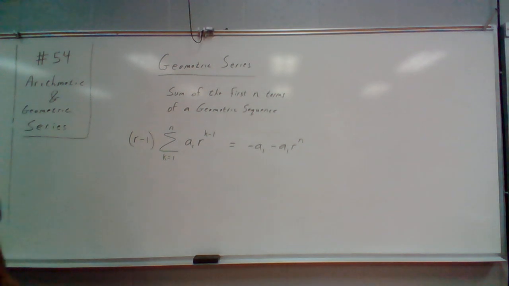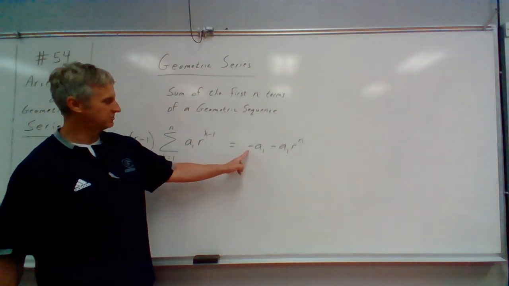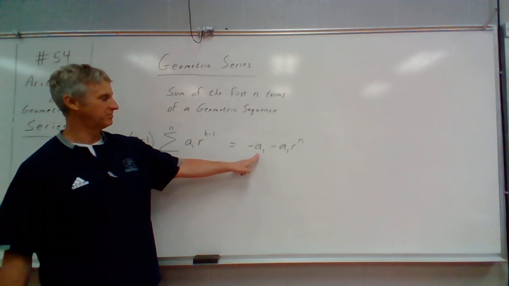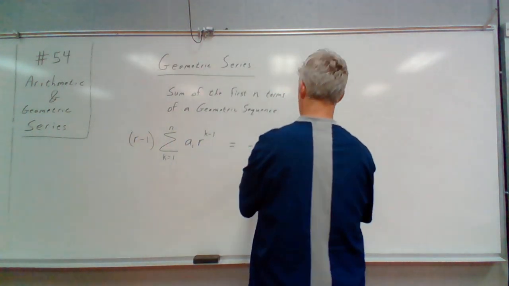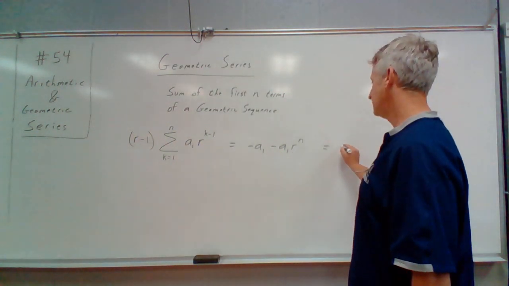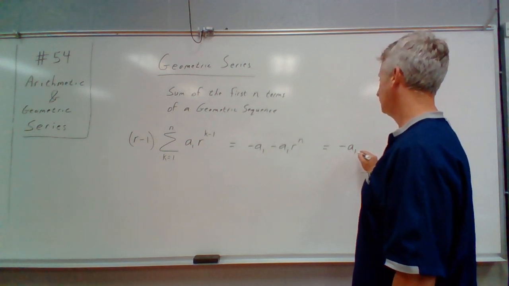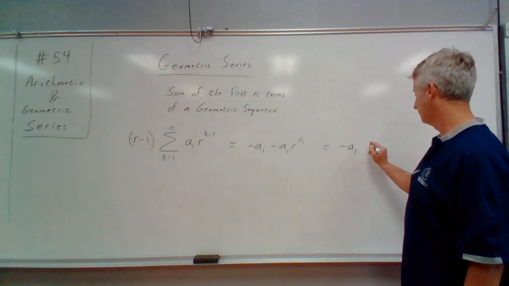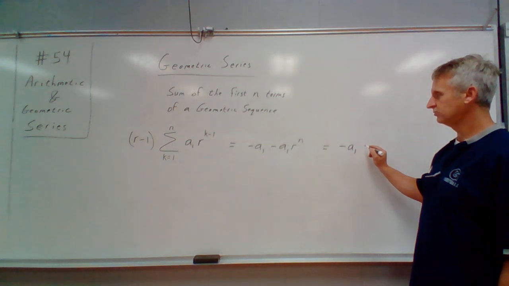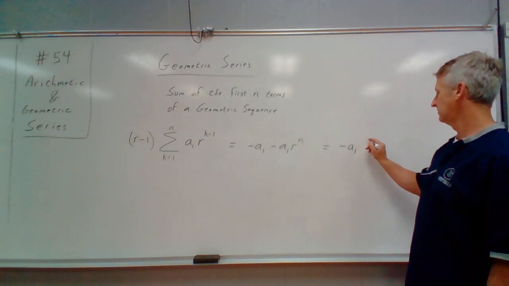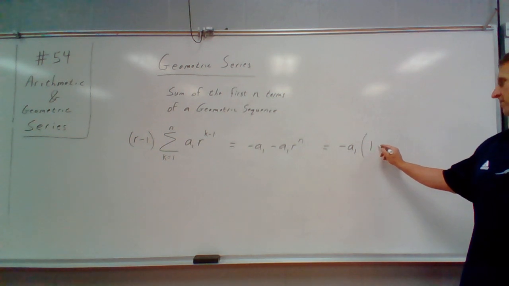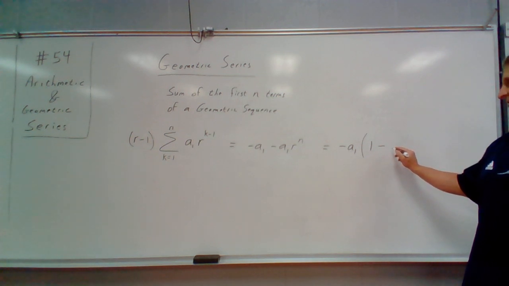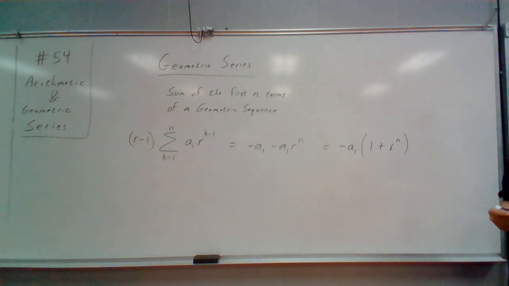Notice in both these terms I have a minus a sub 1, so I'm going to factor those out. So if I factored out the minus a sub 1, that will leave me with 1 plus r to the n.